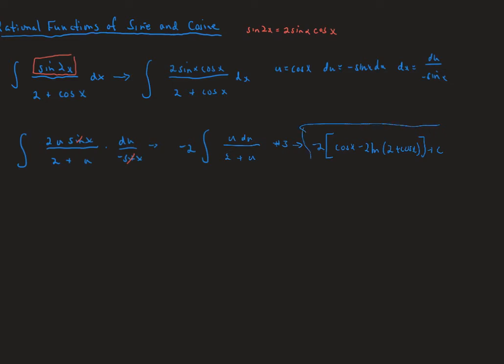And that's going to be our answer. Or if you want to distribute, we could call it negative 2 cosine x plus 4 natural log of 2 plus cosine x plus c. Might be a little bit nicer.